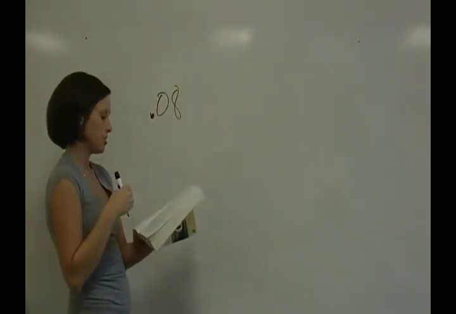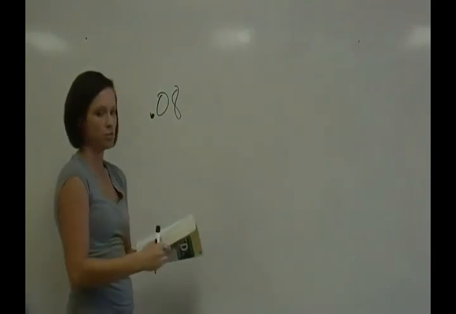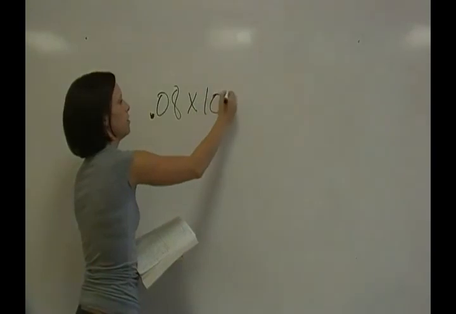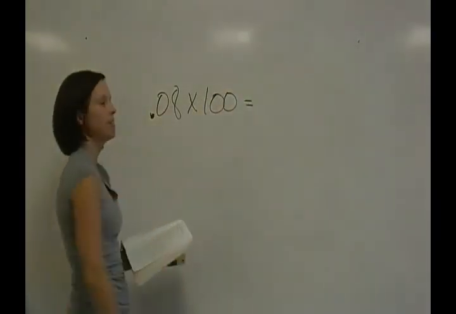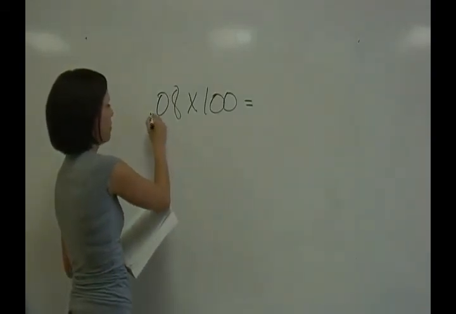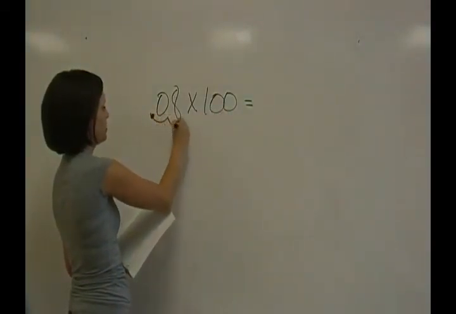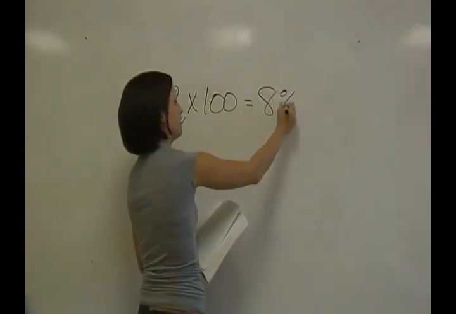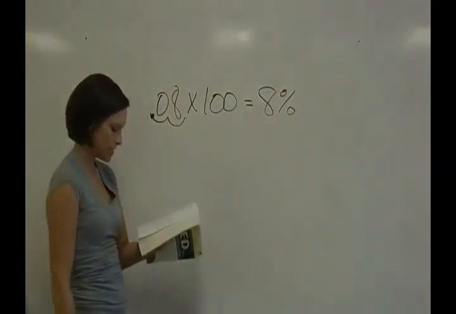When you're going to change it back to a percent, you're going to multiply by 100. And all it does is shift the decimal to the right. So you'll go over 2 spots, 1, 2, and you're left with 8%. Pretty simple.